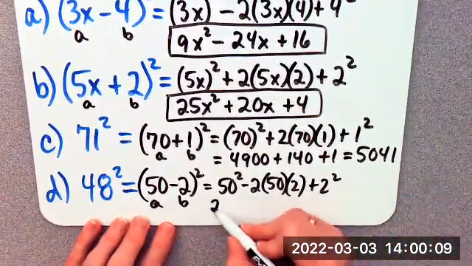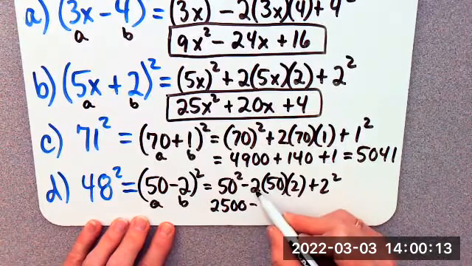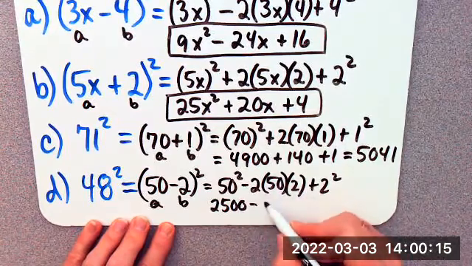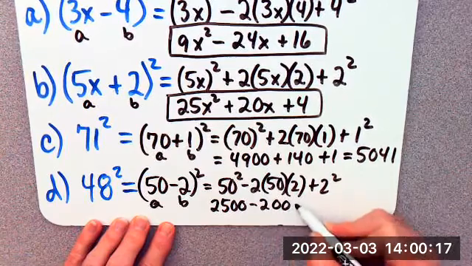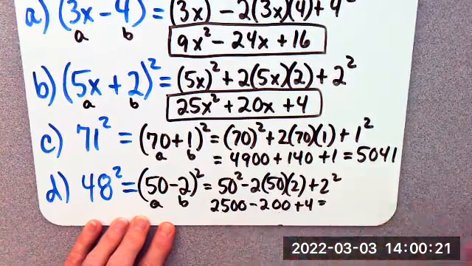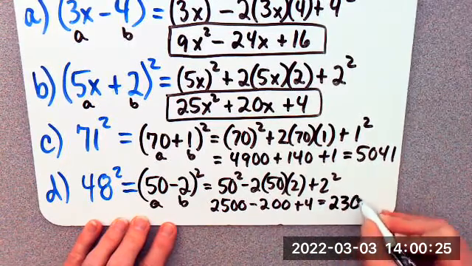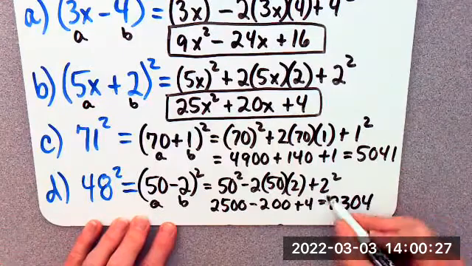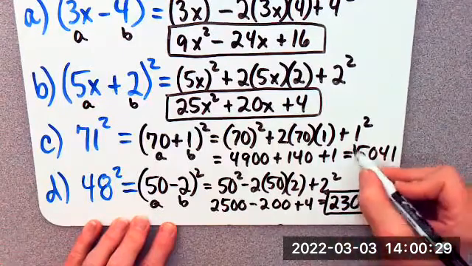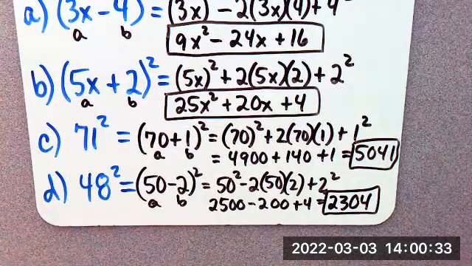So this gives me 2,500 minus, and then 2 times 2 is 4, 4 times 50 is 200, plus 4. So 2,500 minus 200 is 2,300 plus 4 is 2,304. So there we have it. We can just easily calculate something without a calculator.